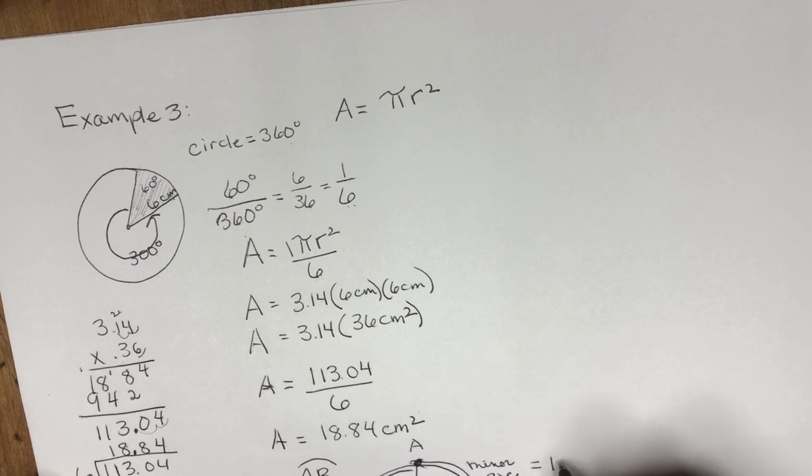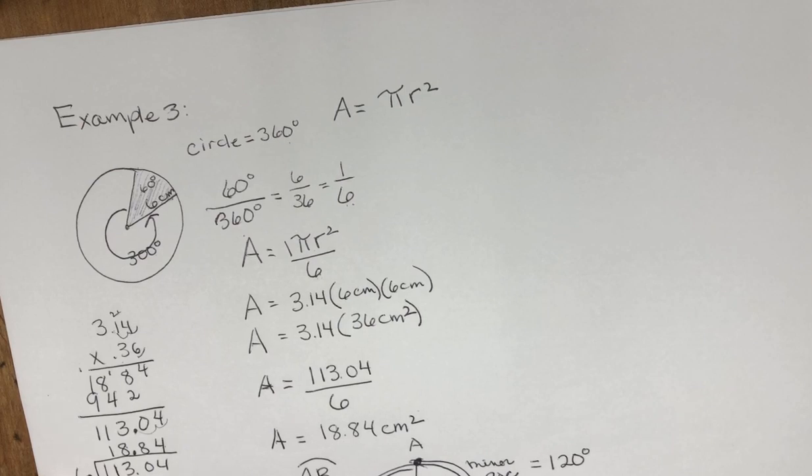If it equals 120 degrees, that's the distance. That means that from here to here, my major arc is going to be 360 degrees minus 120 degrees. So this would be 240 degrees. So this one, the major arc, equals 240 degrees.